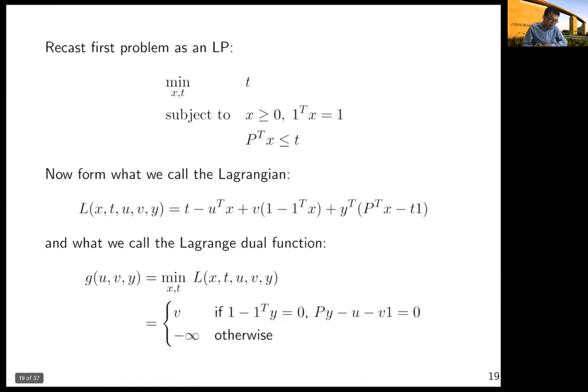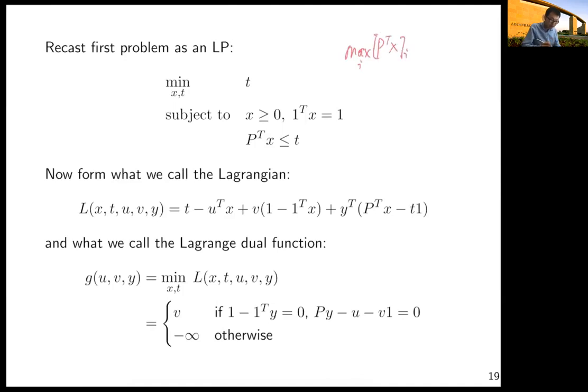Okay, to see this, let's formulate the first problem as a linear program, and to make it simpler, let's introduce this additional variable to get rid of this maximum term, right? So recall that previously we have max over i of p_i transpose x.